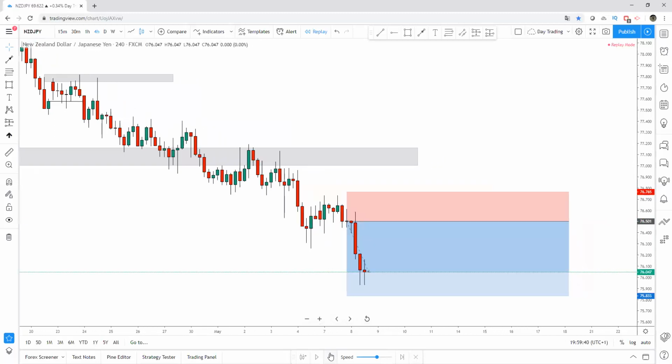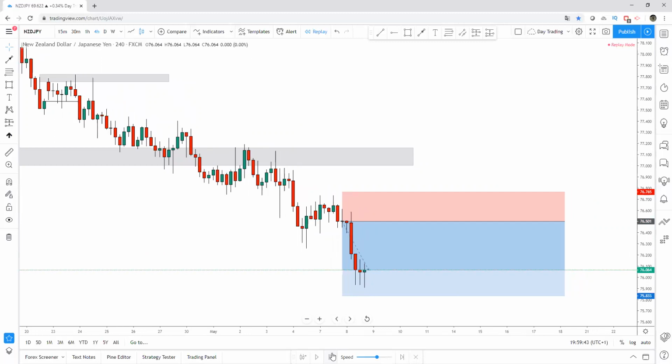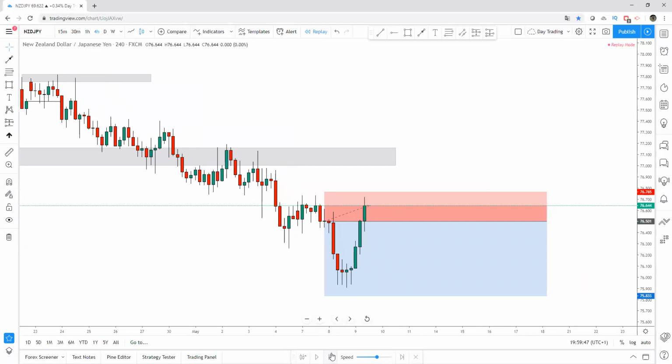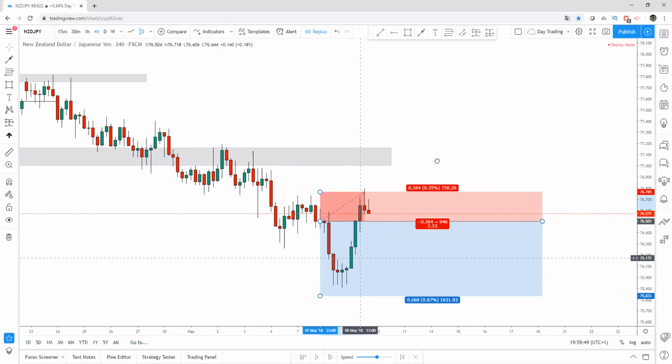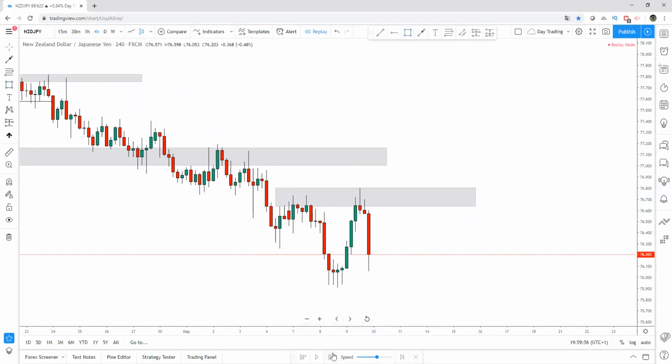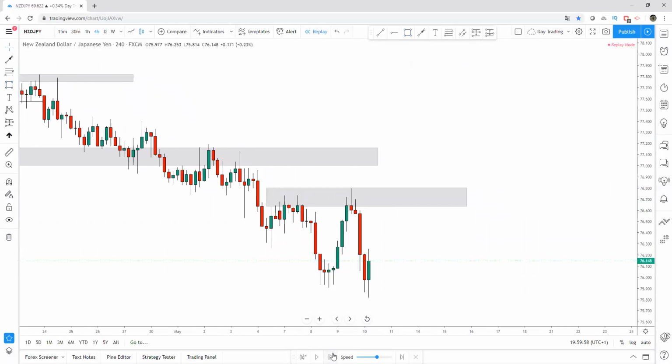Nicely pushing down into profits. We should be break even by now. Break even hit. We have this area right now that has to get broken in order for us to go long. And massive reaction from the level.